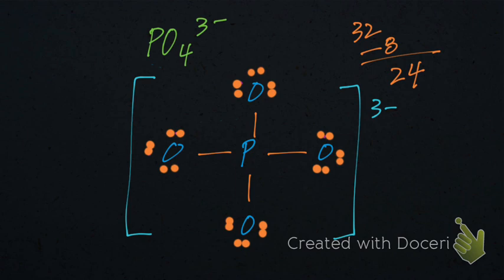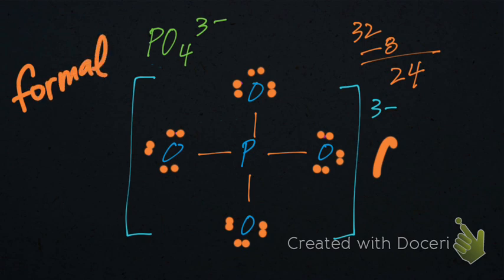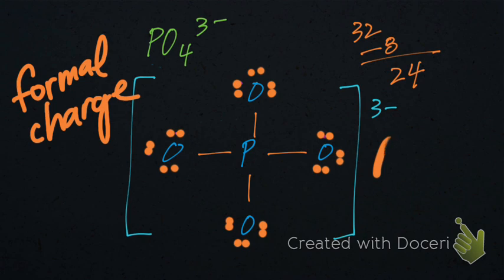But you're going to learn tomorrow a thing called formal charge. Once you learn formal charge, you're going to have to tweak this drawing because this is not the perfect drawing for PO4 3 minus. And I'll definitely show you how to do that tomorrow. You can get ahead. I'll post a video on formal charge today, right now. If you want, you can try practicing it before I teach it tomorrow.